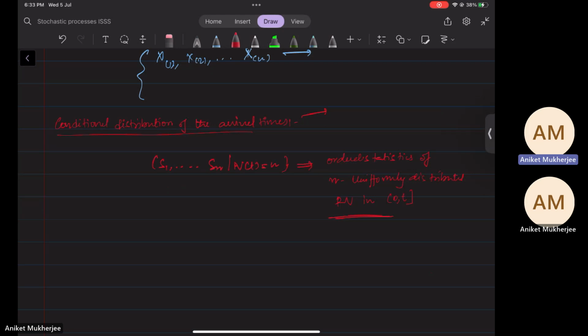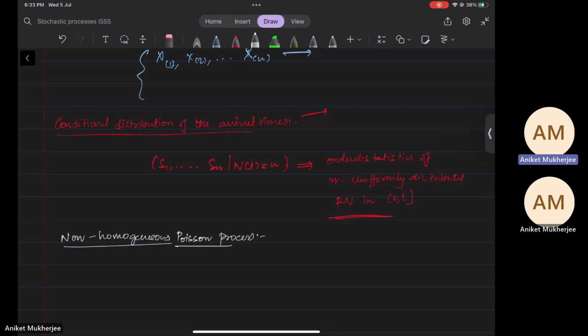Next, we'll go to the non-homogeneous Poisson process.